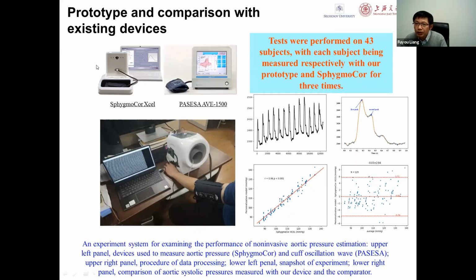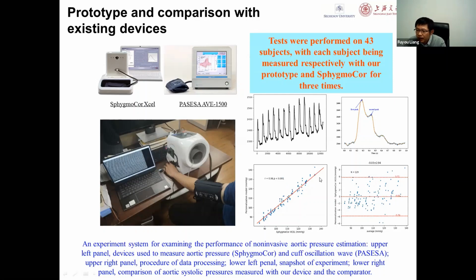We try to compare our measurement with the measurement with SphygmoCor XL. So recently we performed tests on 43 subjects, with each subject being measured respectively with our prototype and the SphygmoCor 3 times.